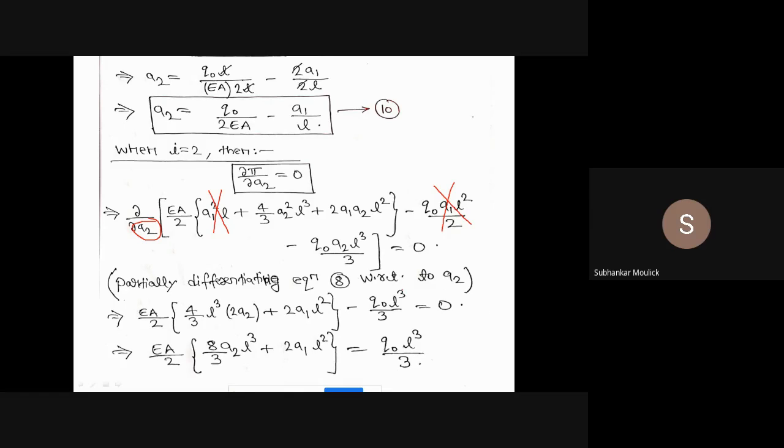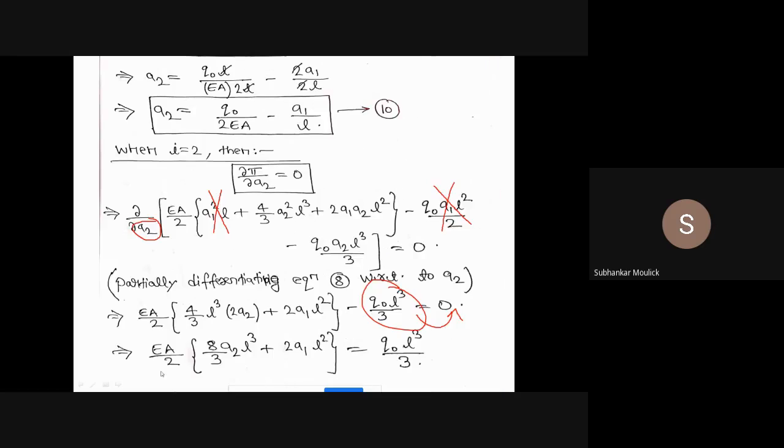So you can take this term to the right hand side. If you solve it further, your equation becomes EA by 2 into 8 by 3 A2 L cube plus 2 times A1 L square equal to Q naught L cube by 3.